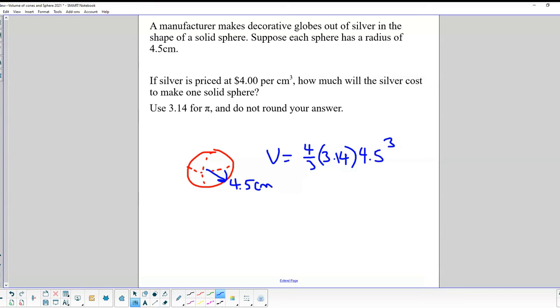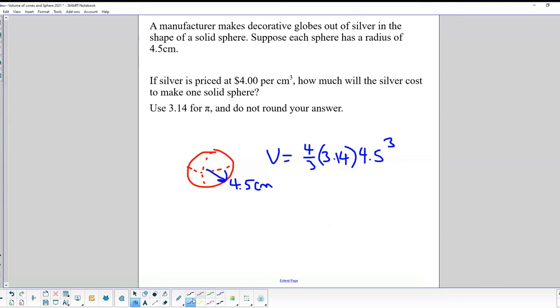So let's use our calculator to find that real quick. Okay, there it is. So 4 divided by 3 equals times 3.14 equals. Okay, and then 4.5 to the third is going to be 4.5 times 4.5 times 4.5, just like that.